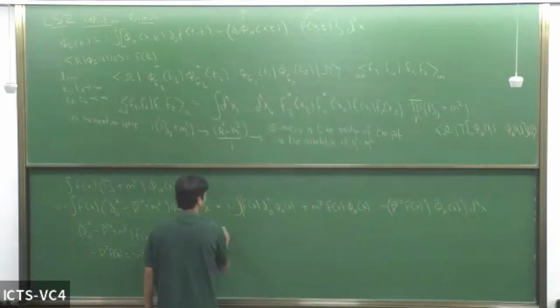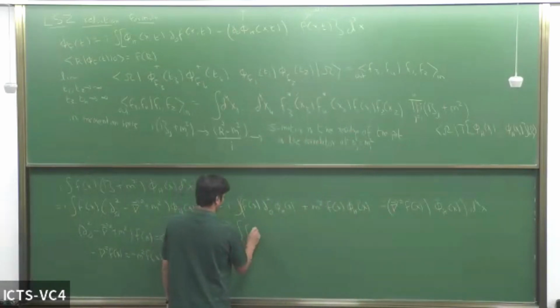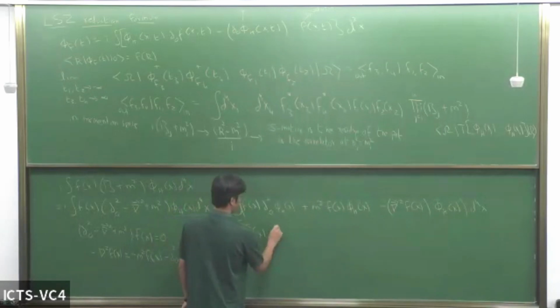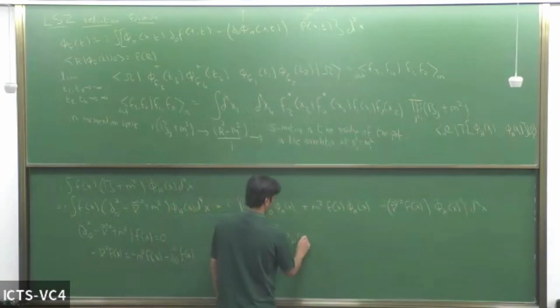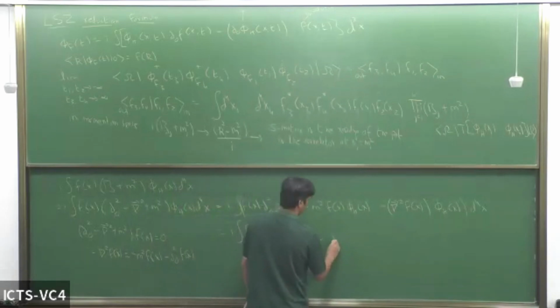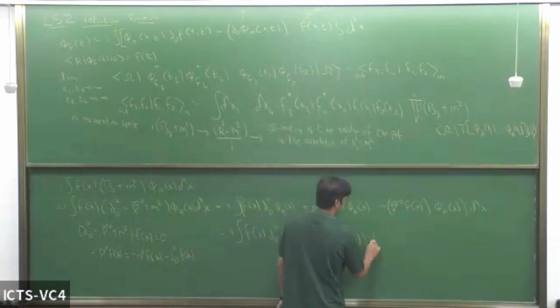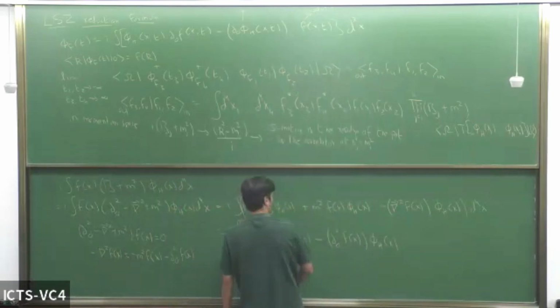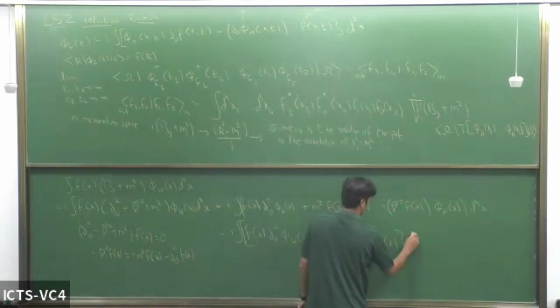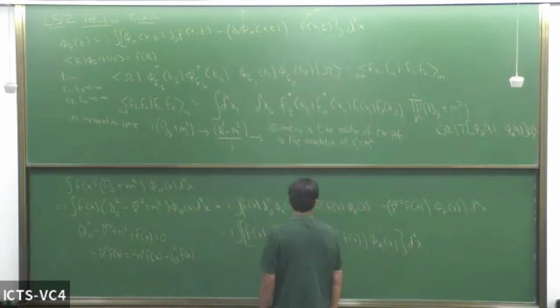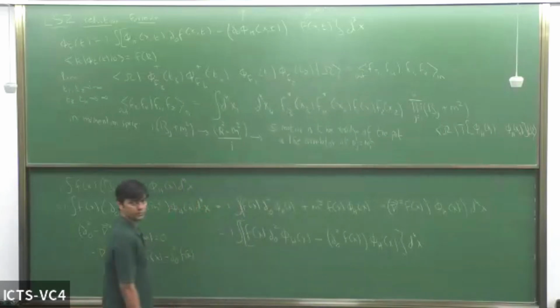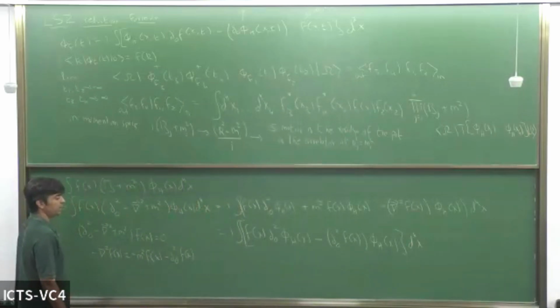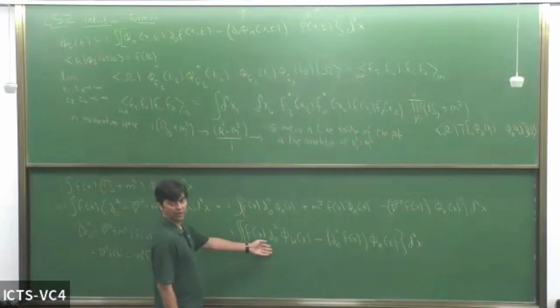So this looks like I times the integral of f of x d0 squared phi h of x minus d0 squared f of x times phi h of x. But this thing, in fact, is a time derivative.